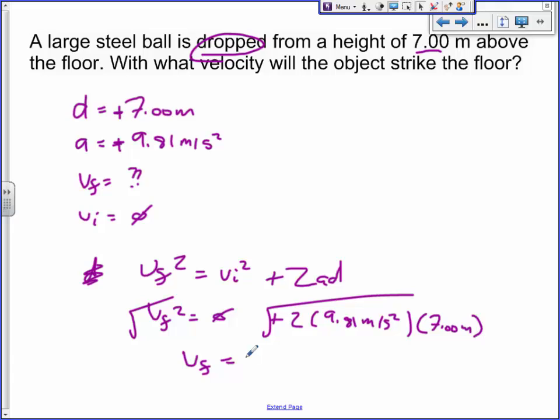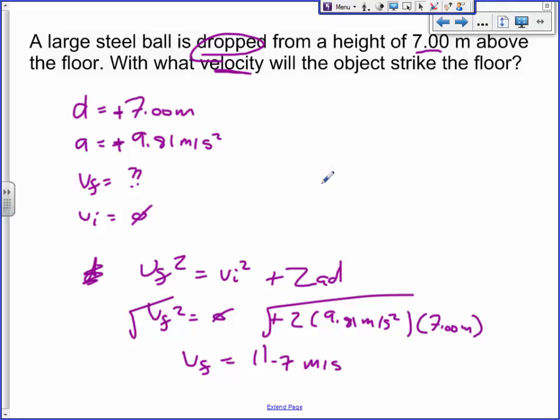Let me know when you get an answer. .7. Sig digs. I get 3, right? I need to be more specific here, though. This was a velocity.